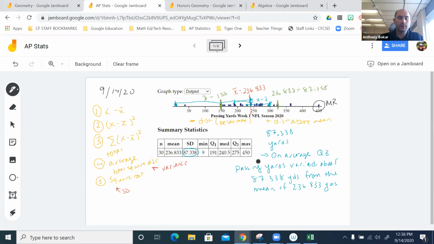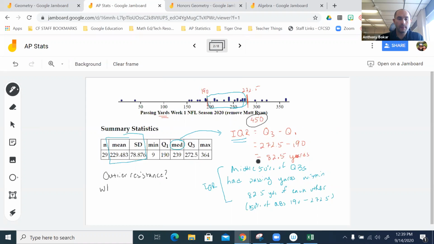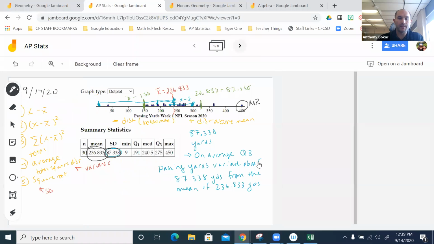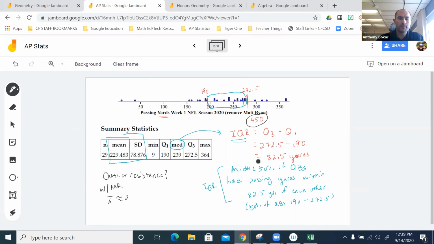The mean and standard deviation: with Matt Ryan, the mean x-bar was 236 and the standard deviation was about 87.338. Well, look at what happened.